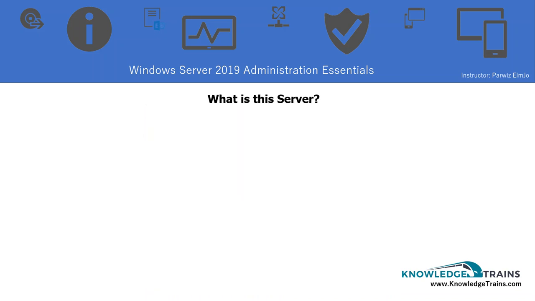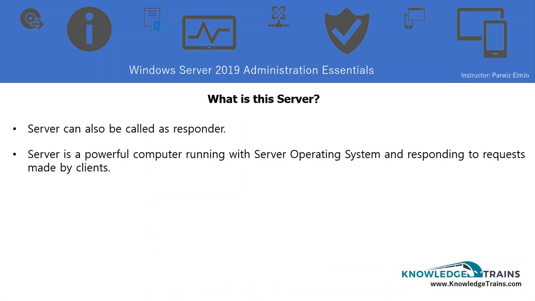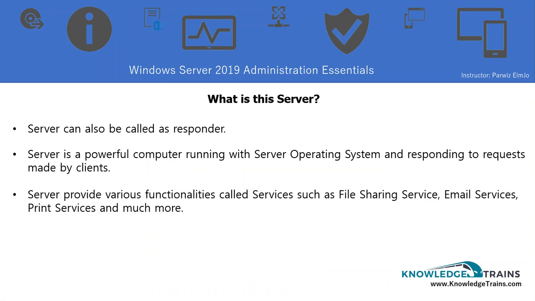So in the summary, server can also be a responder because it responds to your requests, and it is just another computer but powerful and comes into different shapes and sizes, right? In the diagram, you saw that there was a server room, and you can simply call it a data center.